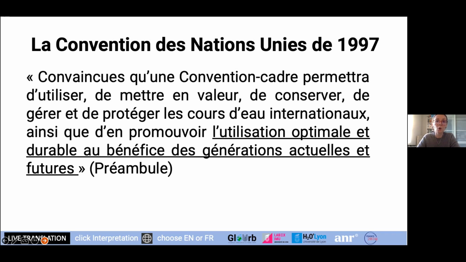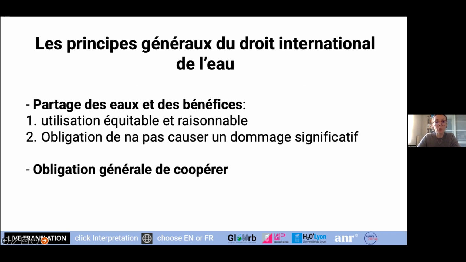In its preamble, it's notable to see that the states and parties assert that this convention will make it possible to use, value, preserve, manage and protect international watercourses and promote the optimal and lasting use today and in the future. So there's a transgenerational approach that was adopted through this preamble.